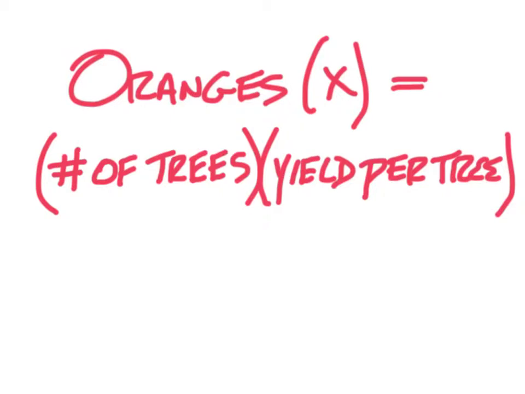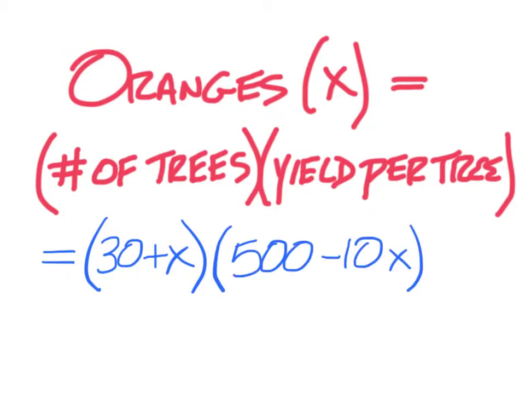So we already have 30 trees. And the number beyond 30 is going to have to be x. Now each one was yielding 500 oranges before. So you have 500 oranges per tree, but there are going to be 10 fewer oranges for every tree after the 30 that you plant.